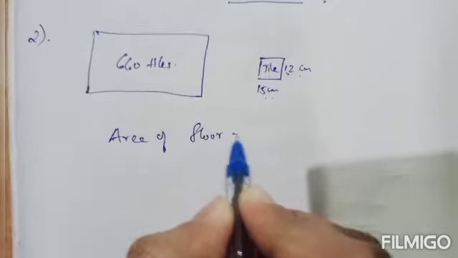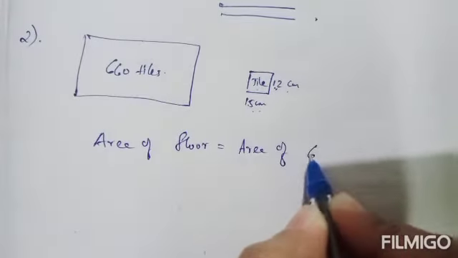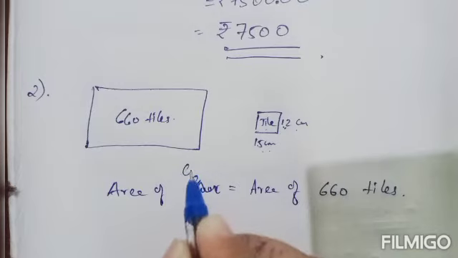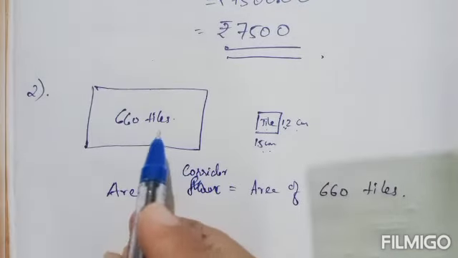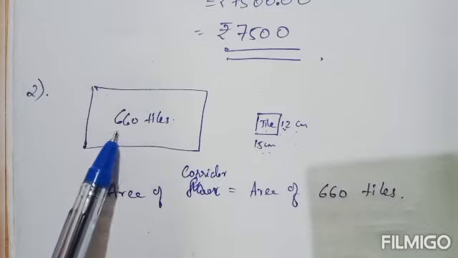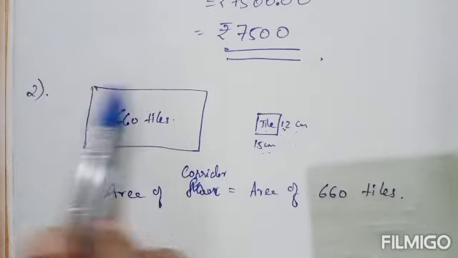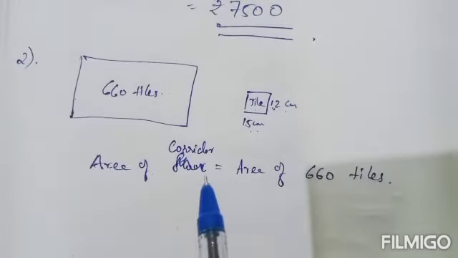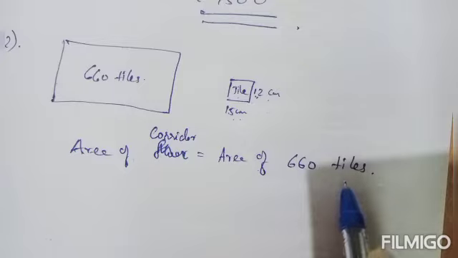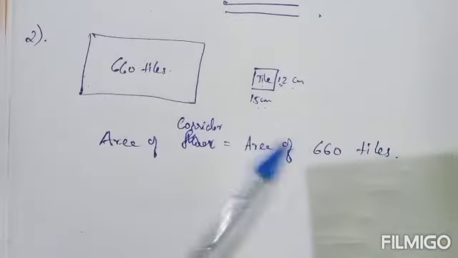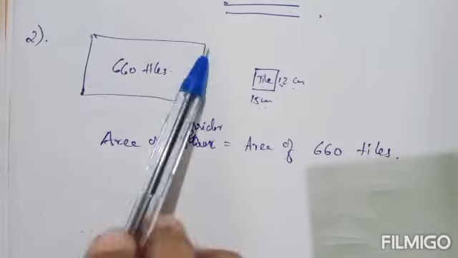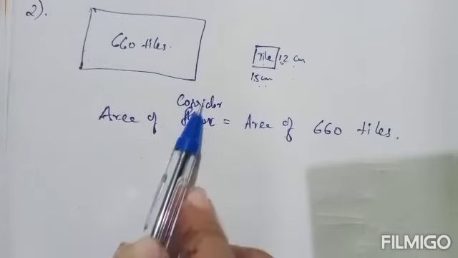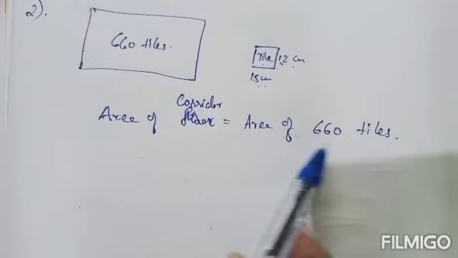Area of floor will be equal to area of 660 tiles. Here in this corridor, 660 tiles are laid, so the area of those 660 tiles will be the area of this corridor. That is what we need to find here, the area of the corridor. For that we can find the area of 660 tiles. So the area of the corridor and the area of 660 tiles will be the same. So instead of finding the area of the corridor, you just find the area of 660 tiles.